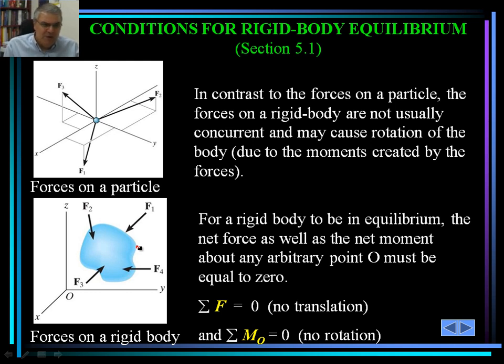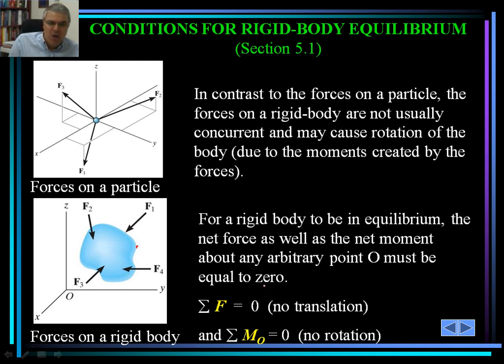So for a rigid body to be in equilibrium, the net forces acting on the body and the net moments must be zero about a particular point. So, for example, the summation of forces F1 plus F2 plus F3 plus F4 here is zero.